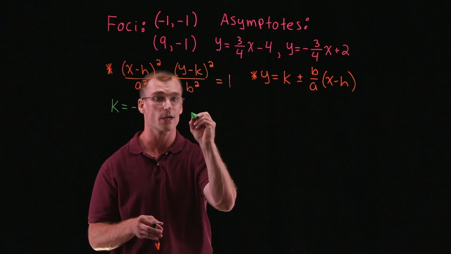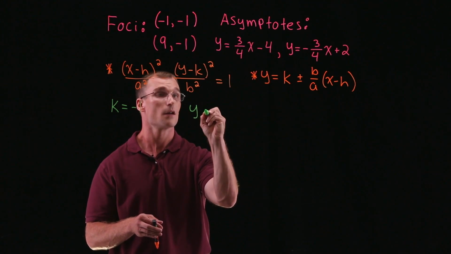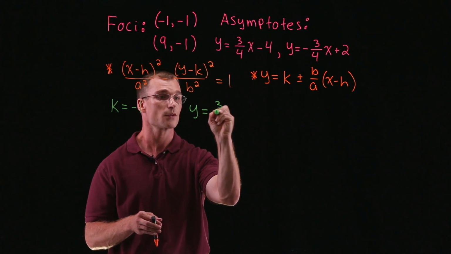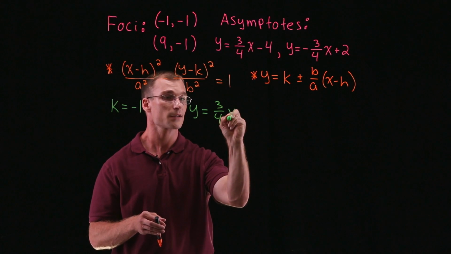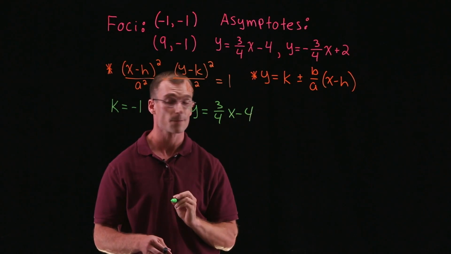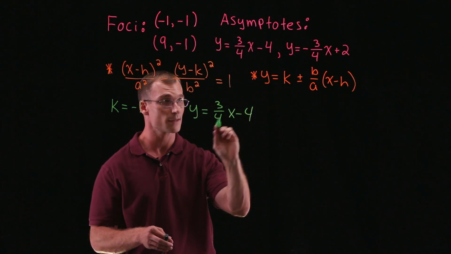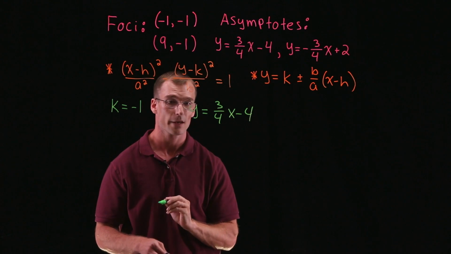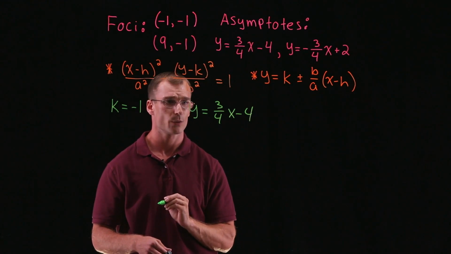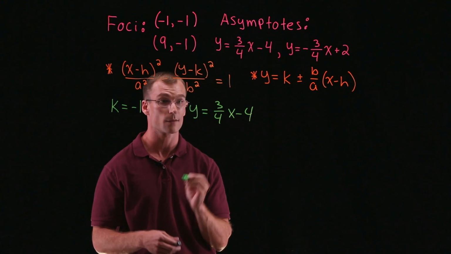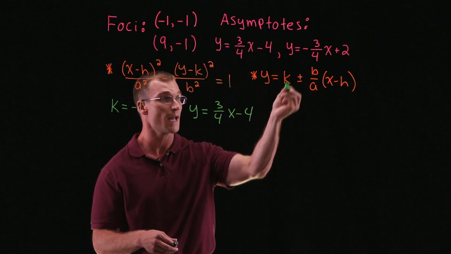So let's look at our first equation. We have y equals 3/4 x minus 4. What we're going to do is try to rewrite this in standard form. We don't really have much to go on, but we do know that we're supposed to have a k added up front.